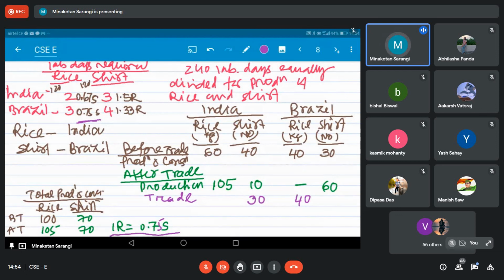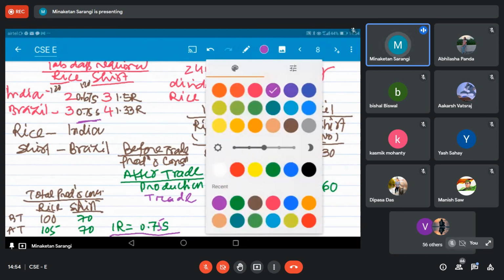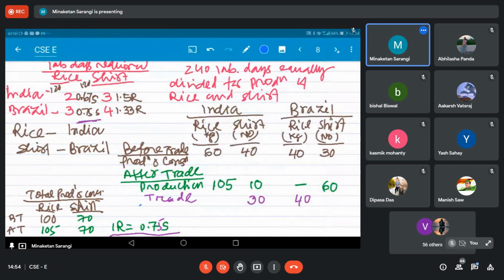Now, after getting the trade, we'll discuss the total consumption. India is producing 105 kg of rice.